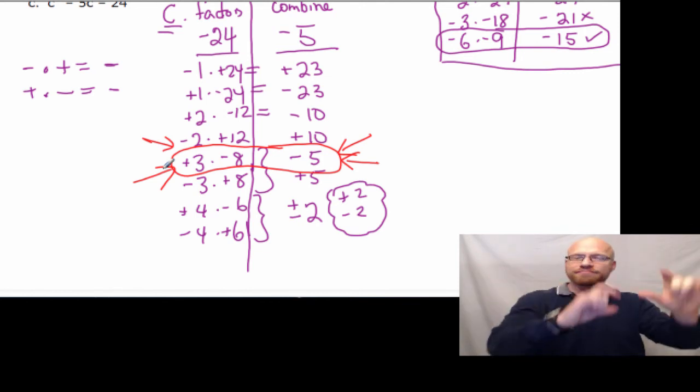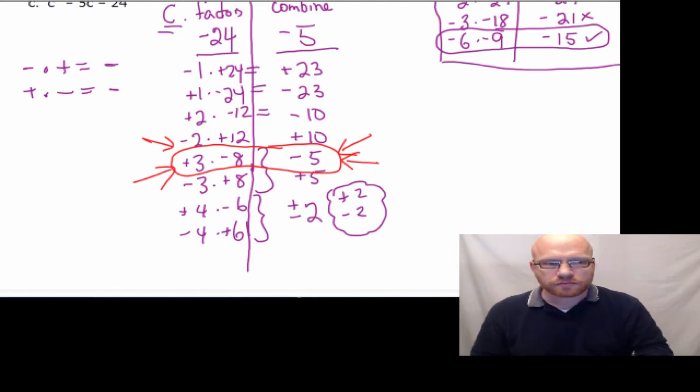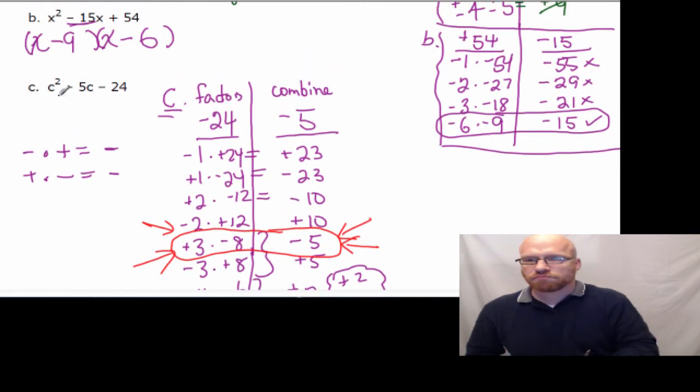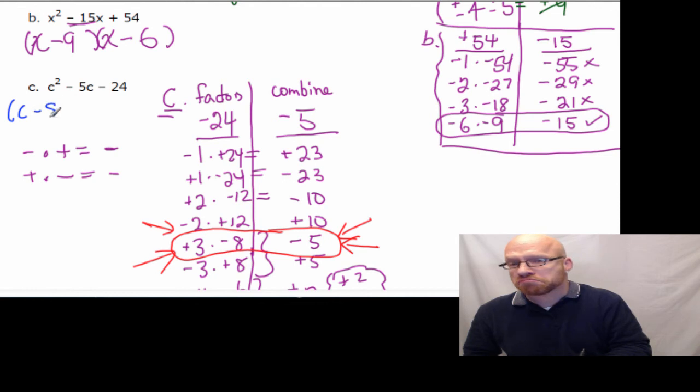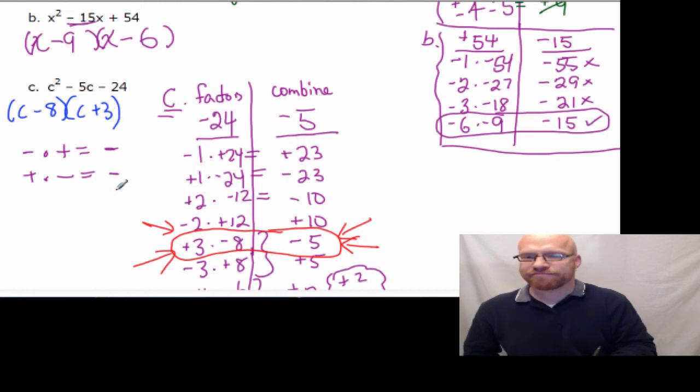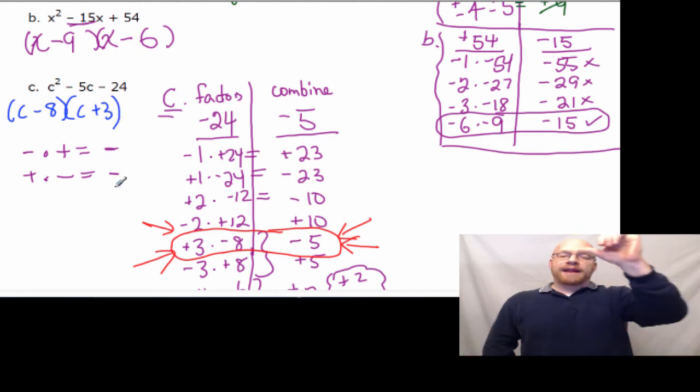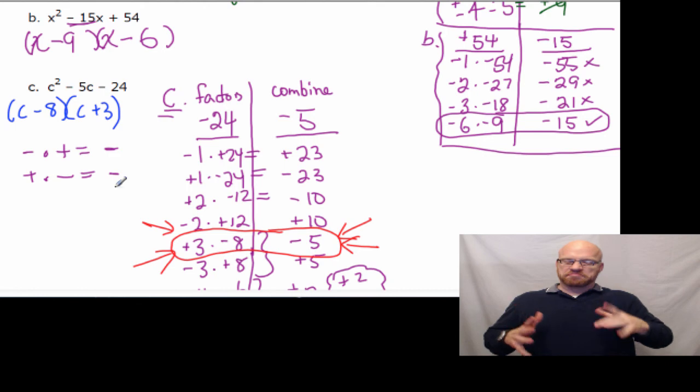So those two numbers, positive 3 and negative 8, we're going to put in for our factors, for our two binomials. Now that's our answer.